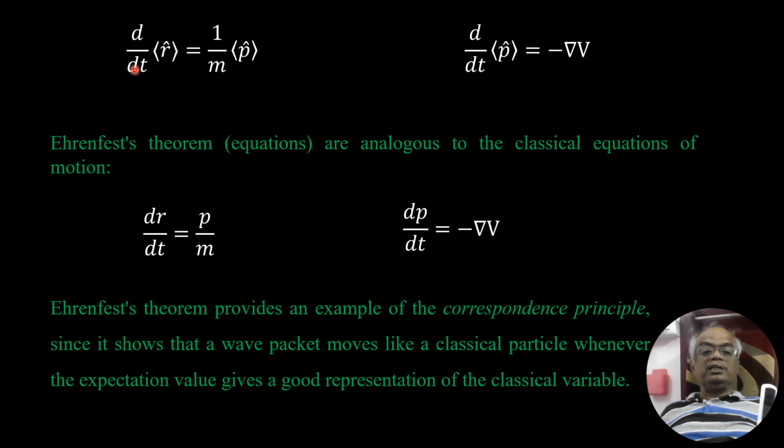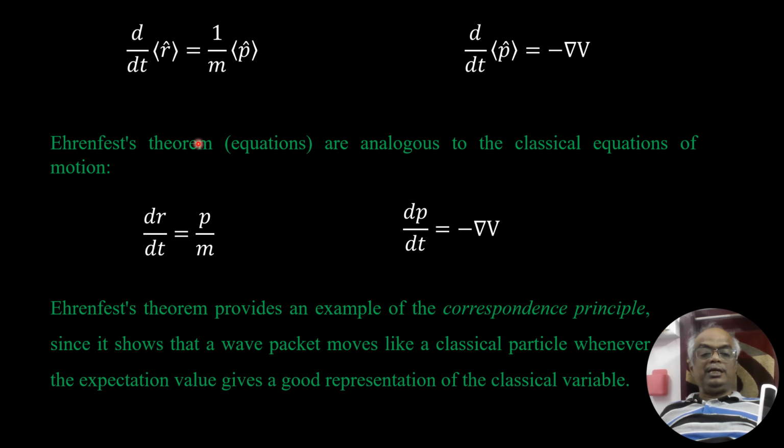So we got two relations: the time derivative of the expectation value of r in three dimensions is equal to 1 over m times the expectation value of p, and the time derivative of the expectation value of p is equal to the negative gradient of the potential.